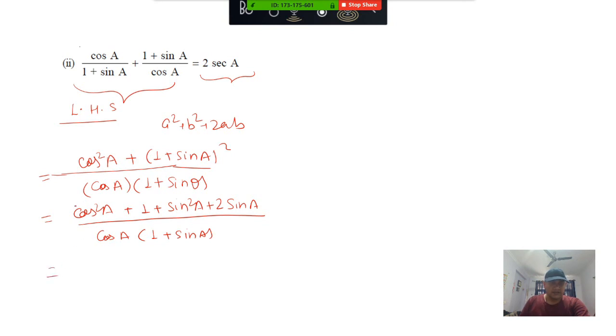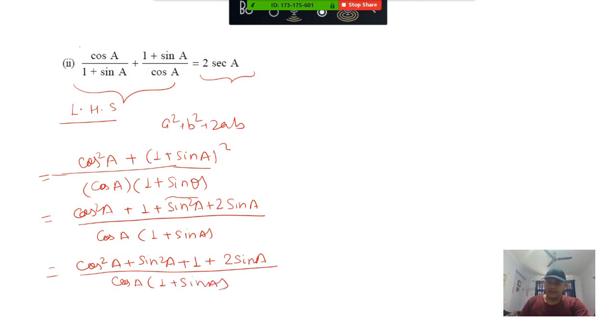If you rearrange this, cos square a, it becomes like this. We can write cos square a together with sin square a, plus this one here, plus 2 sin a, like this, and here it is cos a into 1 plus sin a.